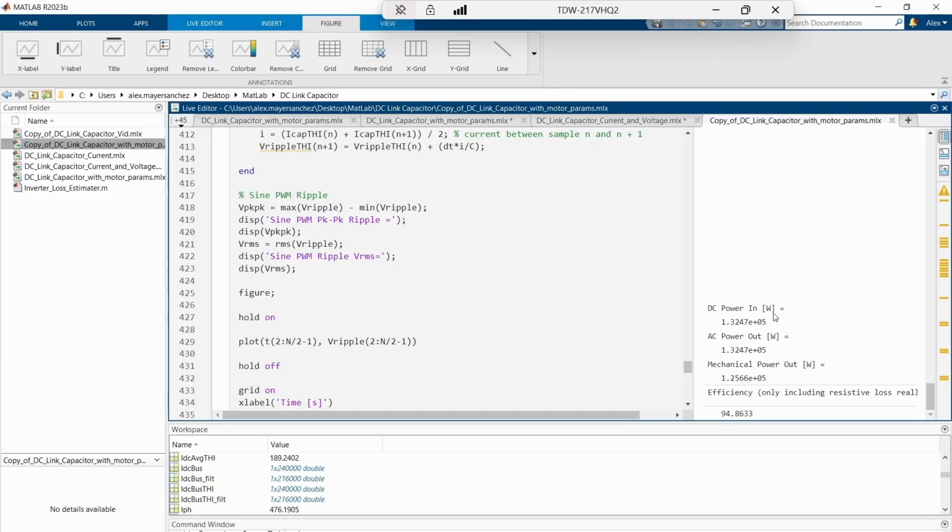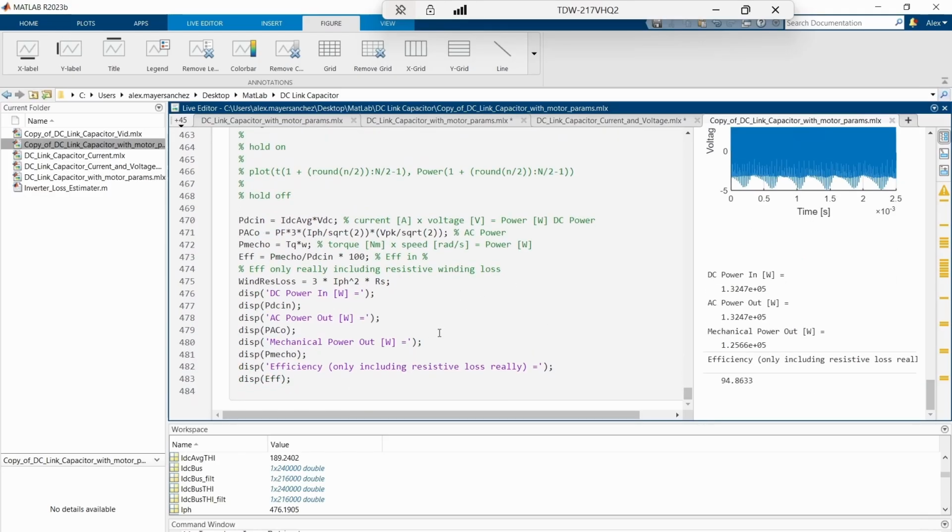And then here we can see the efficiency. This last calculation is basically only really taking into account the resistive loss in the stator windings in the phase.